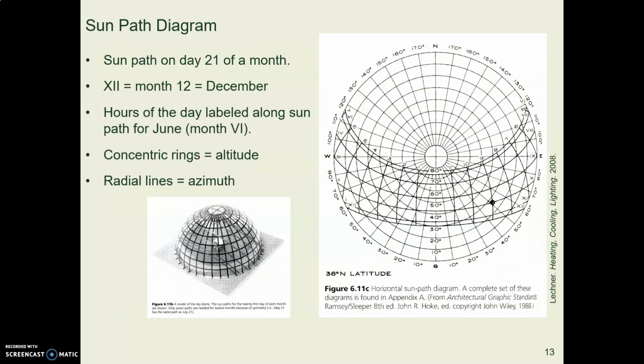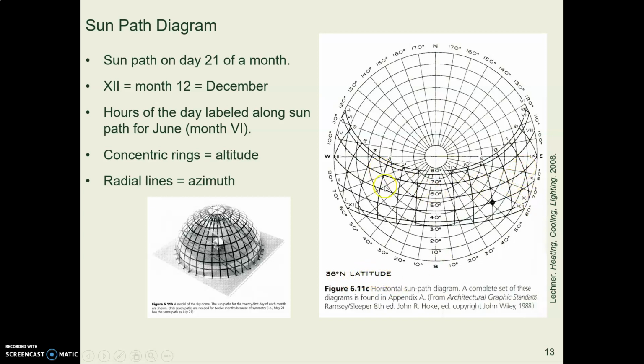All right, so a sun path diagram. Now we take a band of lines which show the path that the sun took over our sky dome, and we superimpose those lines over our chart here. And notice how this particular chart says 36 degrees north latitude. That's further south from where we are.